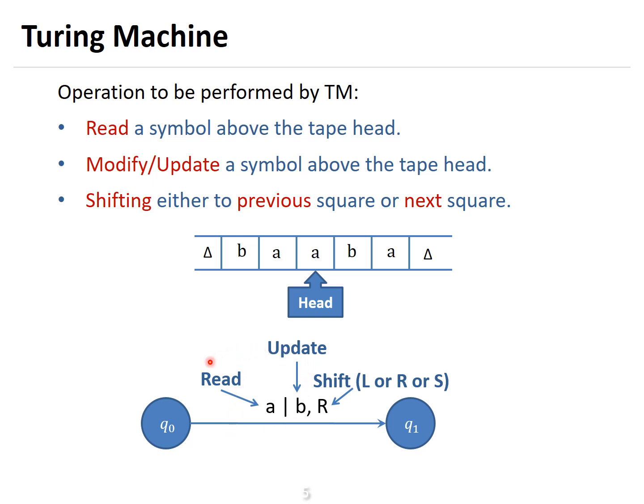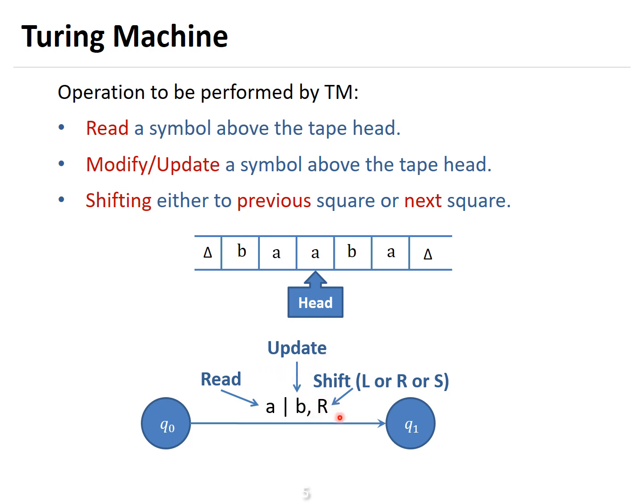This is the conventional way of designing a Turing machine, that is nothing but a transition diagram. Suppose you have an input state Q0, the initial state. It can read a data, it can read an input. At the same time, after reading A, you replace that A by B, that means an update operation.